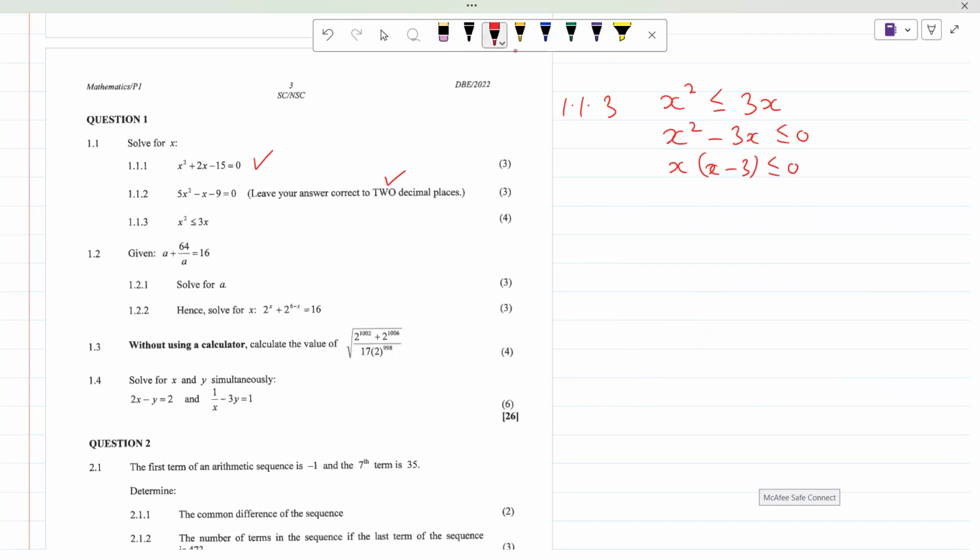What are CVs? Critical values. What are the critical values of this? The critical values are x equals 0 and x equals 3. At this point, you're able to see, therefore, that this is exactly this.